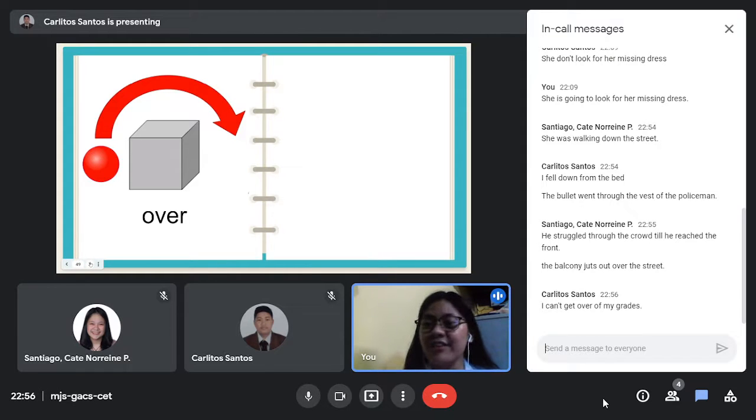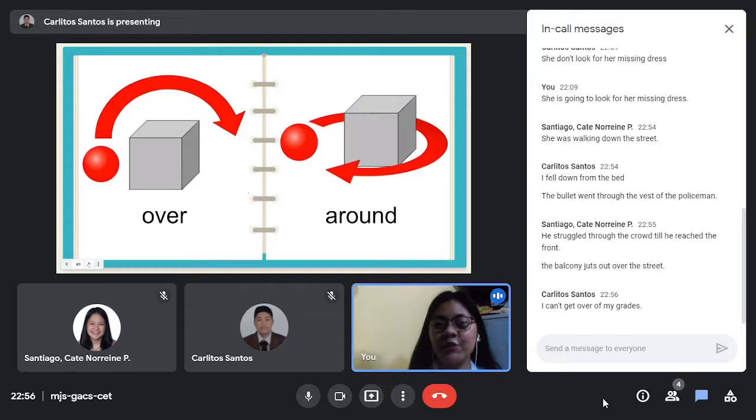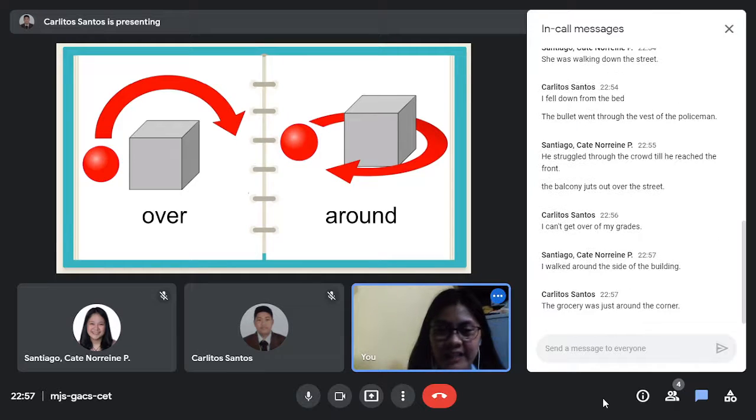Your answers are correct. Then let's also have the last preposition of movement, which is around. Can you create or compose your own sentence using the preposition of movement around? Okay, I can see someone is already typing their answers.